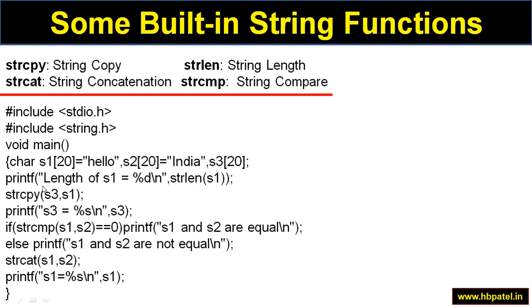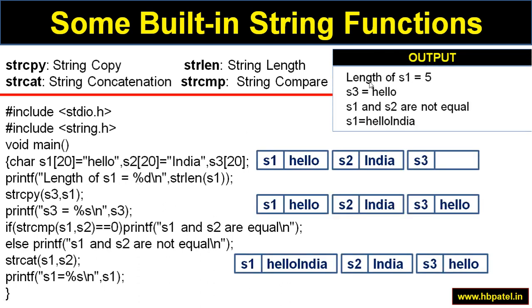First thing is to use this strlen function. Strlen of S1, so string length of S1, which is 1, 2, 3, 4, 5. So length of S1 would be 5. Then string copy S3 comma S1. This string copy function copies this string into this string.